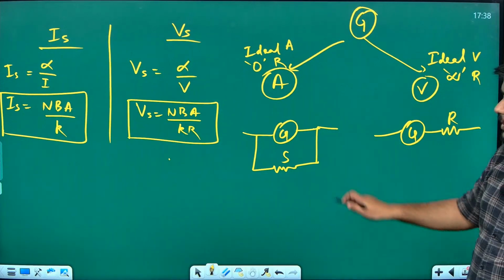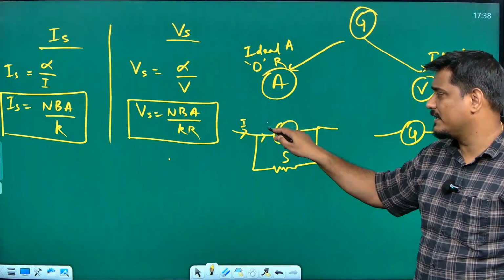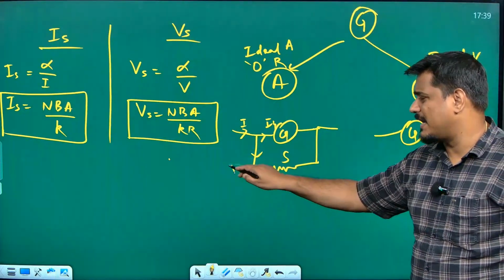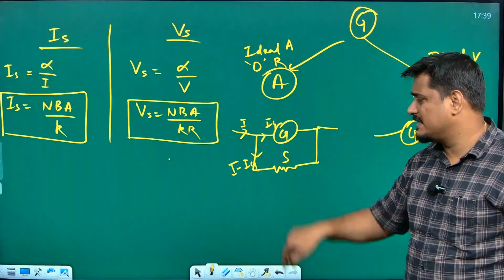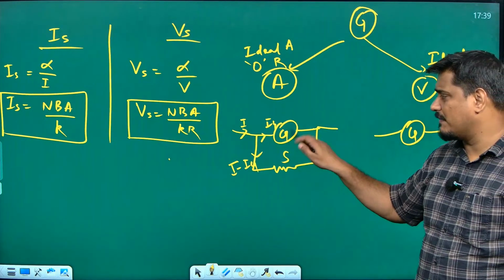If you connect a low resistance in parallel, then suppose current I was coming, the current going through the galvanometer is Ig, then the current going through the shunt becomes I minus Ig. Ig is the current going through the galvanometer, I is the full deflection current, the full scale current. So we can see that both will have the same potential difference.